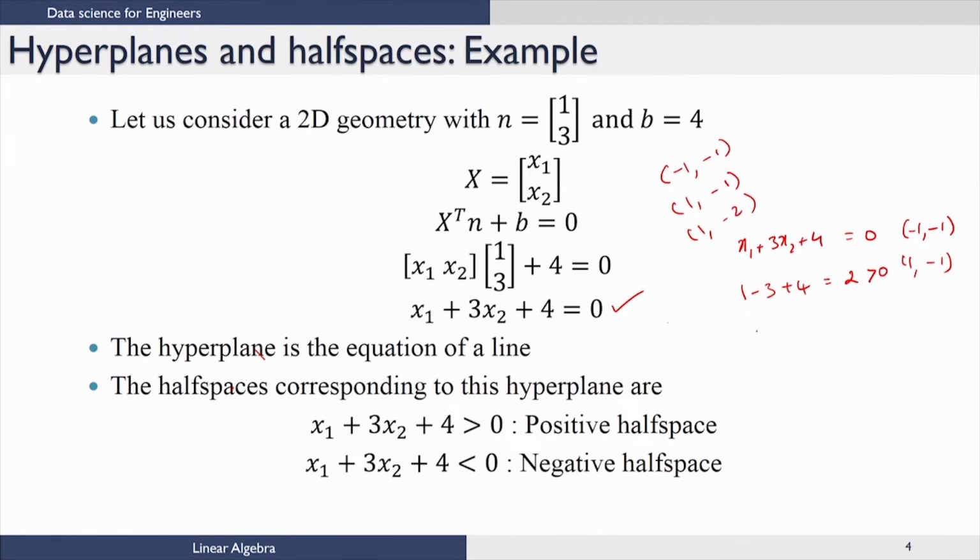So, this is in the positive half space, and when I take the point (1, -2), then I am going to get 1 minus 6 plus 4, which is going to be equal to minus 1, less than 0. So, this is in the negative half space. So, this is on the hyperplane or the line, this is on the positive half space, and this is on the negative half space. So, that tells you how to look at different points and then decide which side of the hyperplane or which half space these points lie.